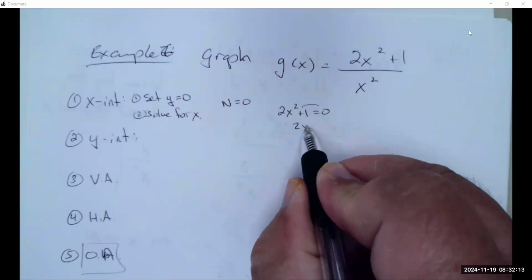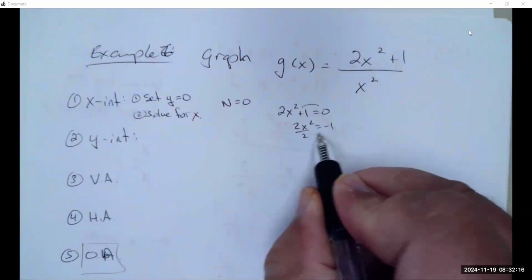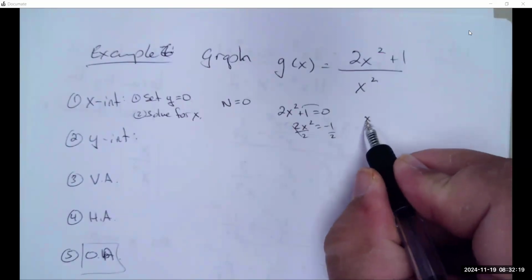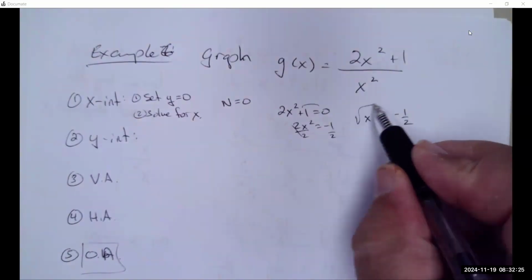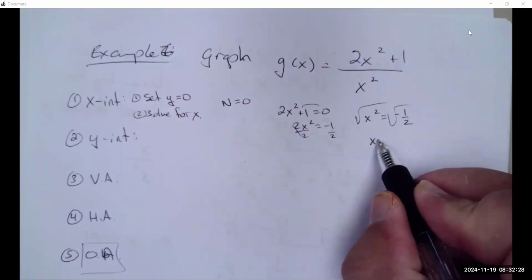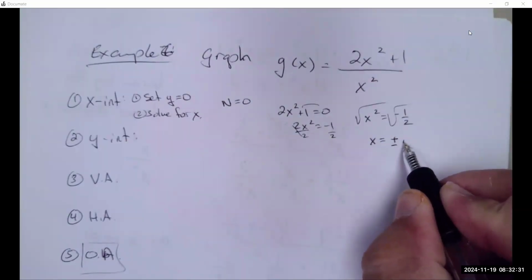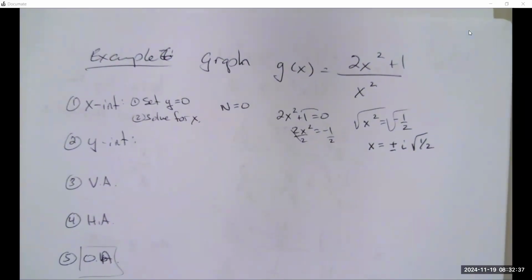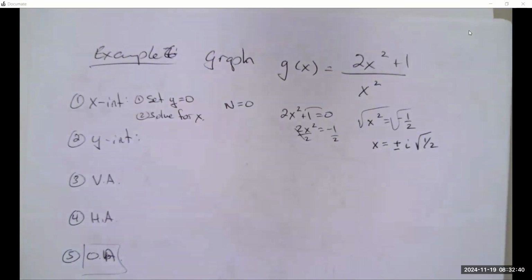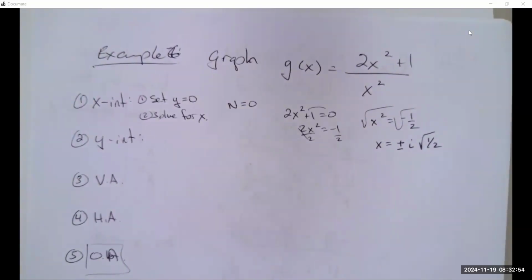Move the 1 over, so 2x squared equals -1. Divide by 2, so x squared equals -1/2. Square root both sides, so x is equal to plus or minus i square root of 1/2. So what does that tell us about our x-intercepts? We don't have any. That means our graph is going to be either above or below the x-axis. So there are no real x-intercepts.